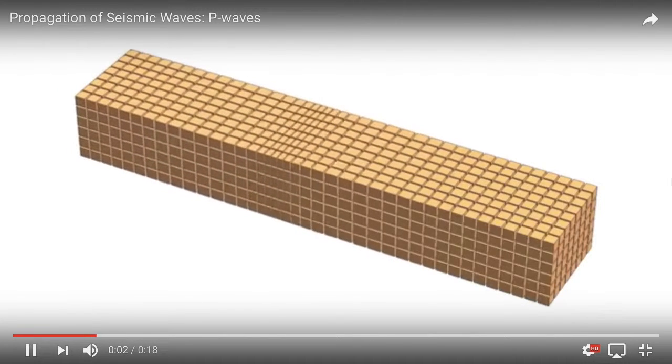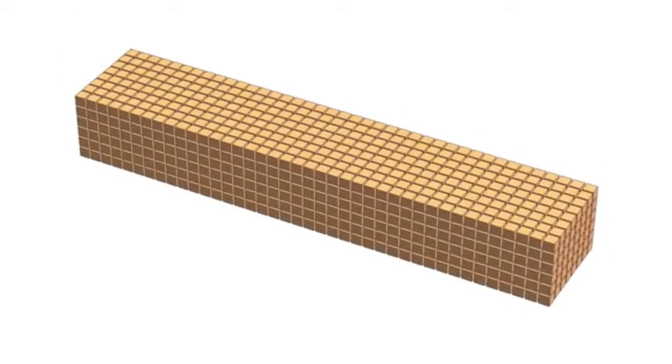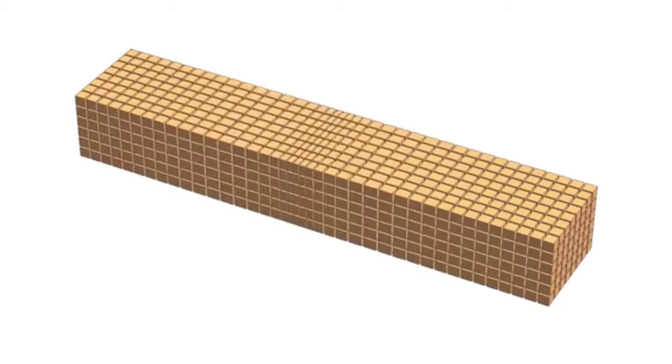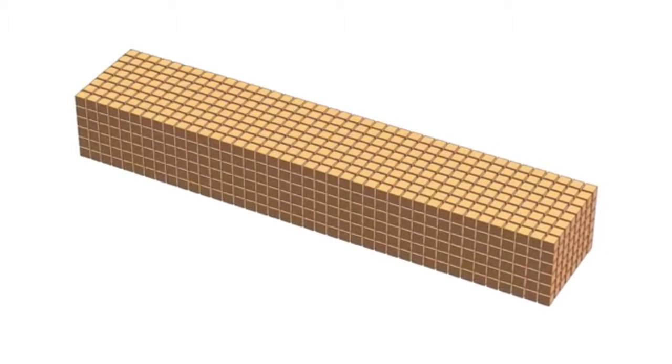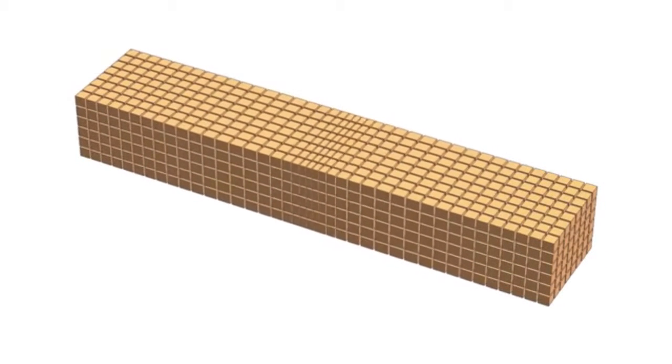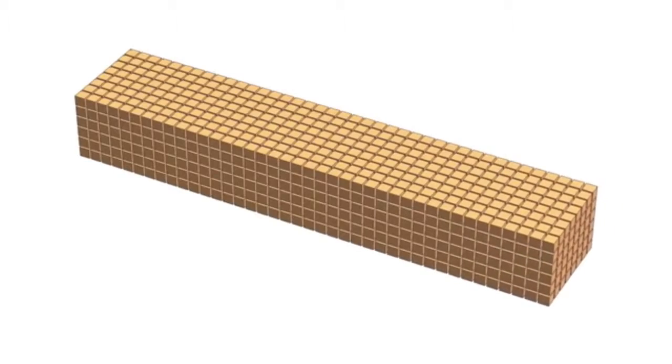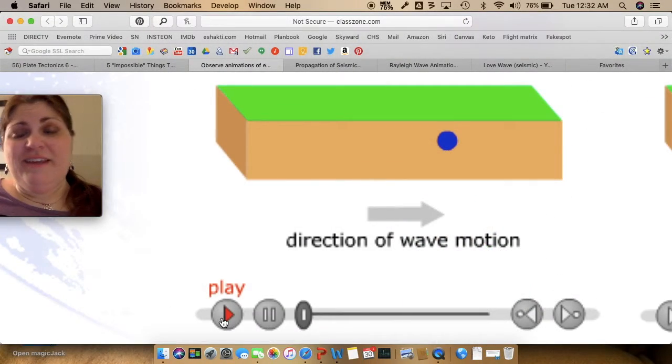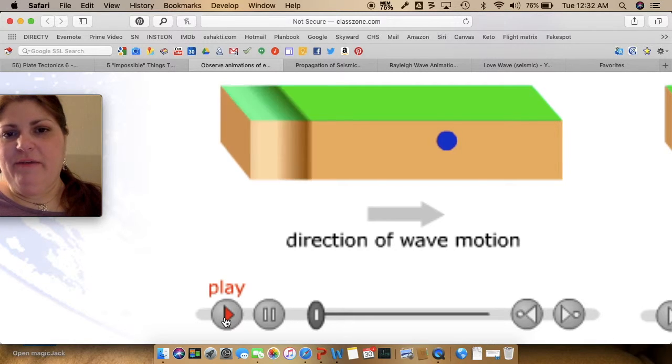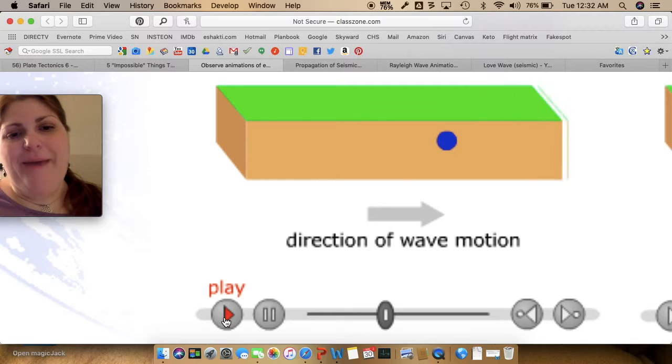So I think of it kind of like an earthworm that's elongating and stretching out and scrunching up to move. The idea is that as the wave front passes, the lines kind of bunch up. So this would be how a P wave moves. Another way to see it is to imagine if that ball was a stationary point in the Earth. As the wave front passed, it would move forward and back.